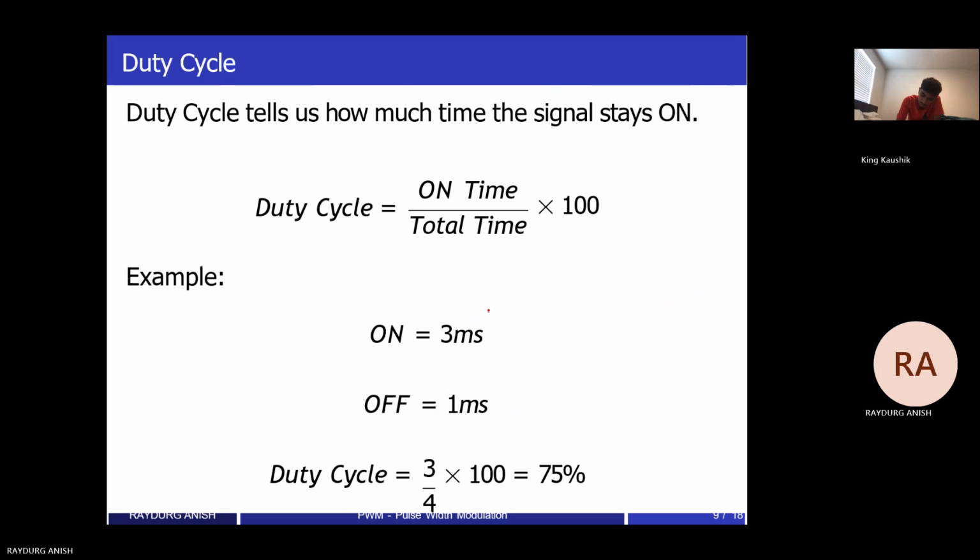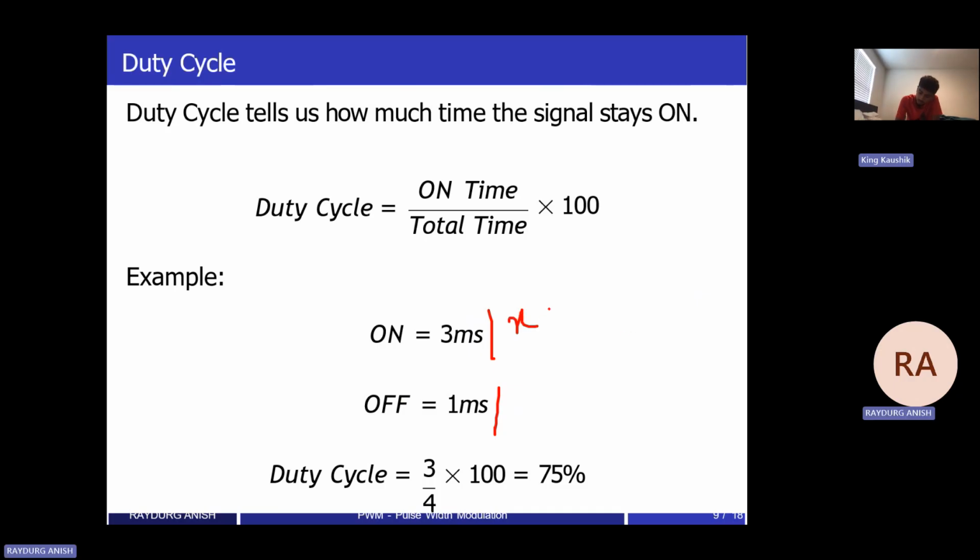Then 1 over total time, which is 1 plus 3, which equals 4. So 1 over 4, which equals 0.25 times 100, which equals 25%.